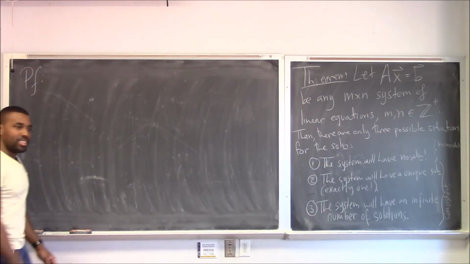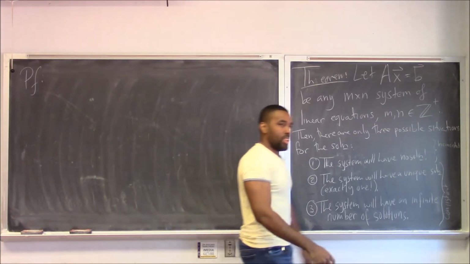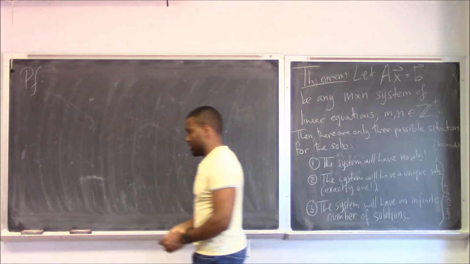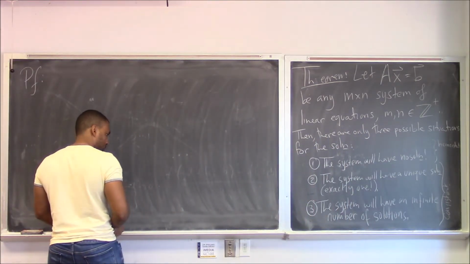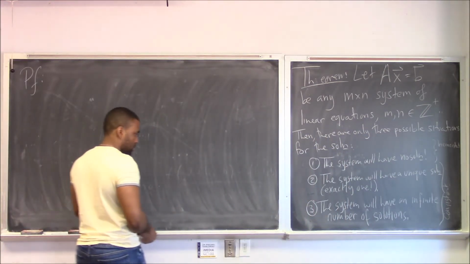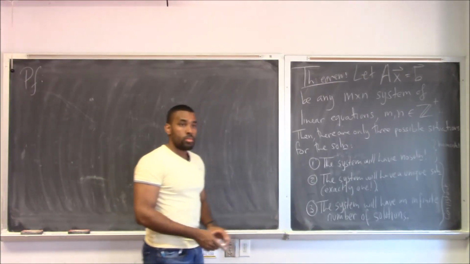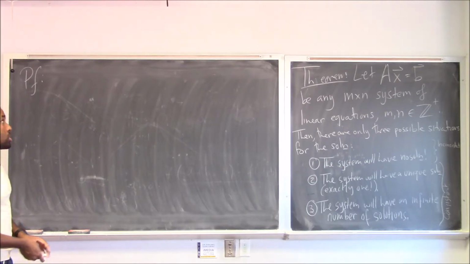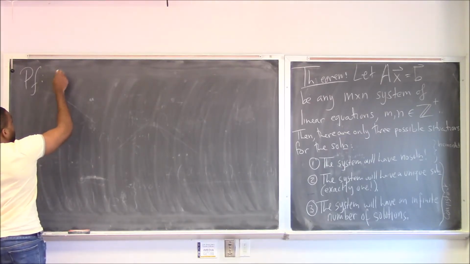Let's prove this. Anyone has an idea of where to start? How would you start by proving this? Do you set up an arbitrary matrix or like dot system? Sure. So, proof.